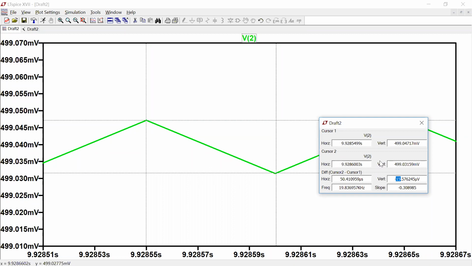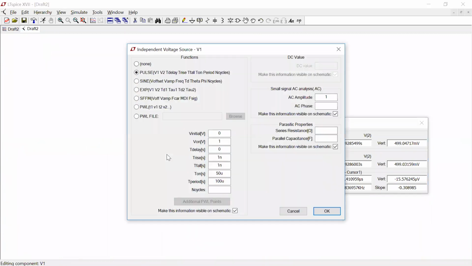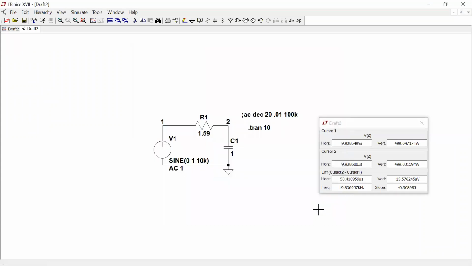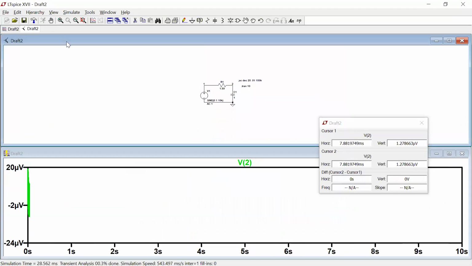All right. If I actually simulated a sine wave, you'd see that I should get pretty close.